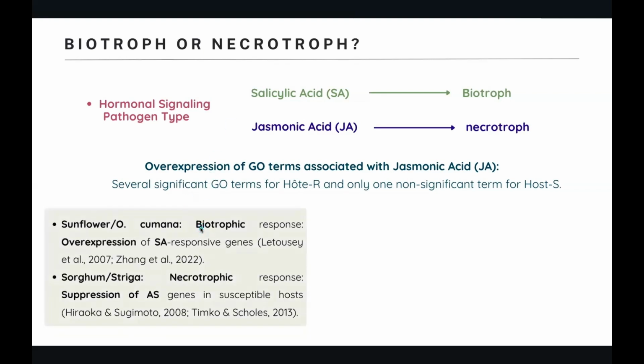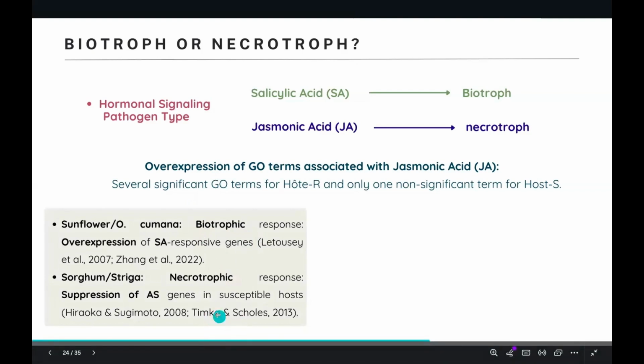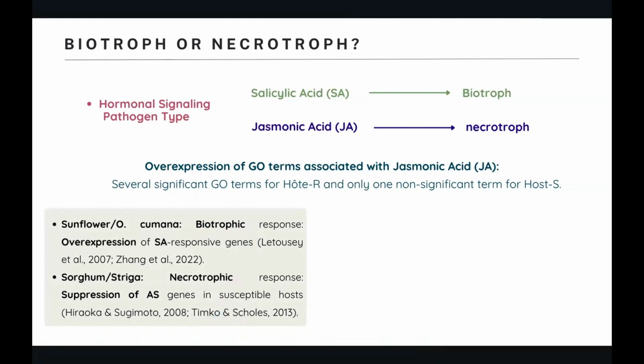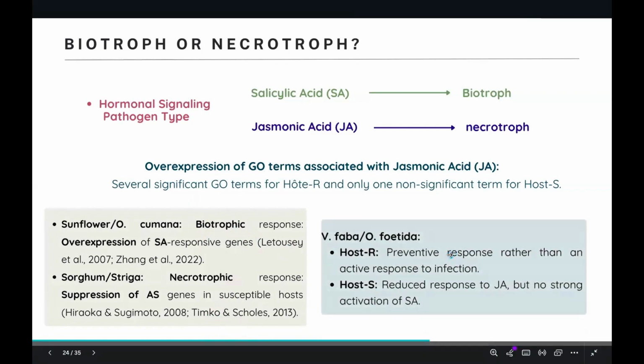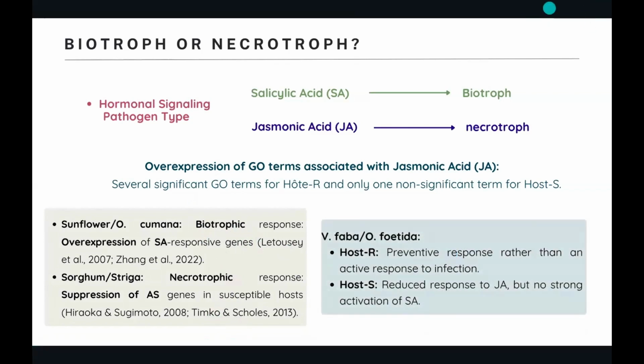In other pathosystems, sunflower perceived Orobanche cumana as a biotrophic pathogen due to the overexpression of salicylic acid-related genes, while sorghum treated Striga as a necrotrophic pathogen, following the interaction, with the inactivation of such genes. In the case of Vicia faba and Orobanche foetida, at this level, it's difficult to draw a conclusion based on the obtained results. For the resistant host, the overexpression of jasmonic acid-related terms may suggest a response associated with necrotrophic stress.